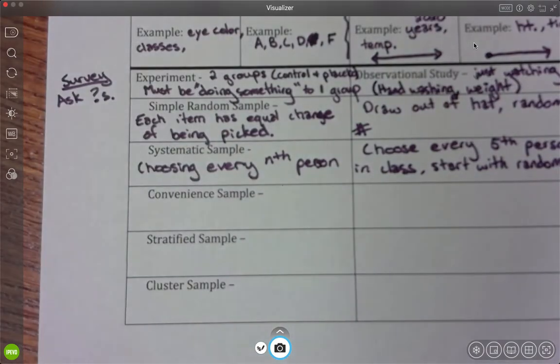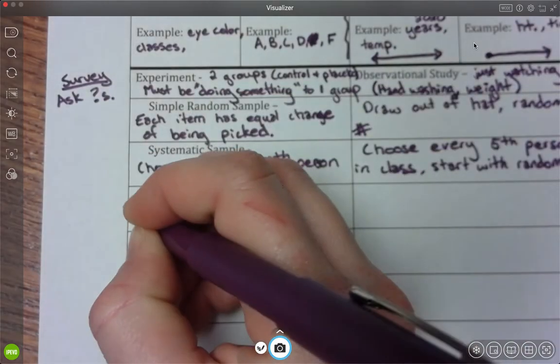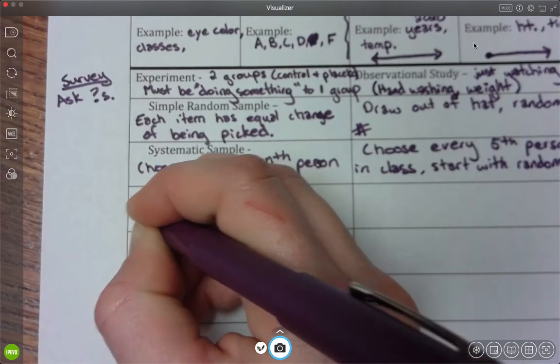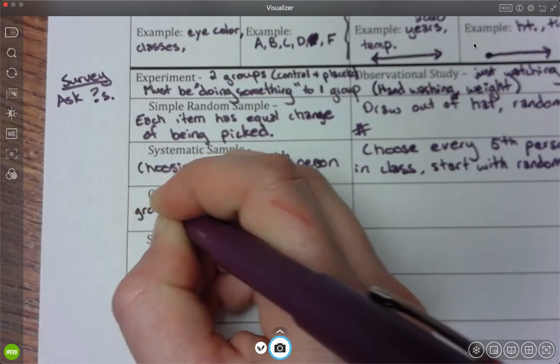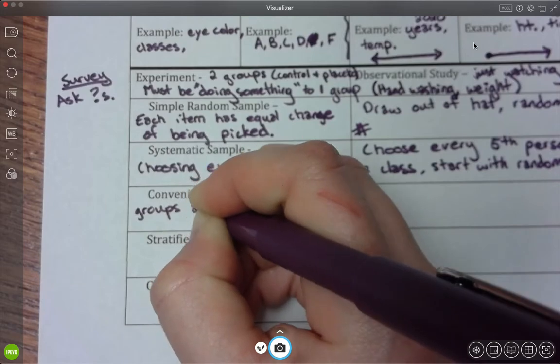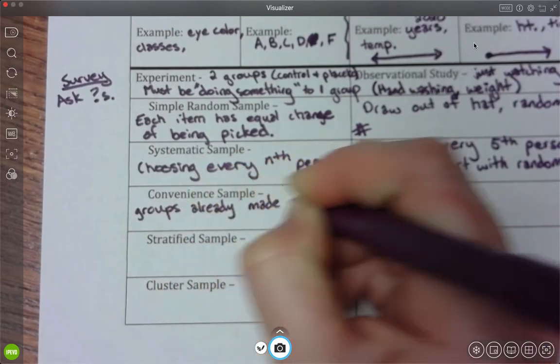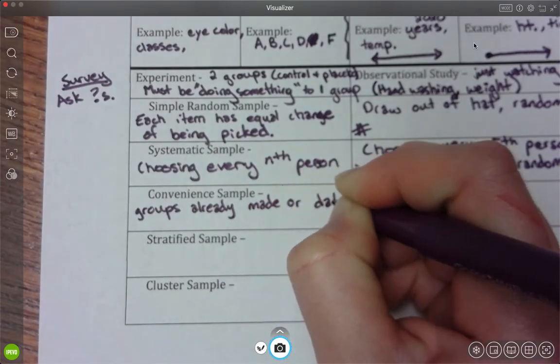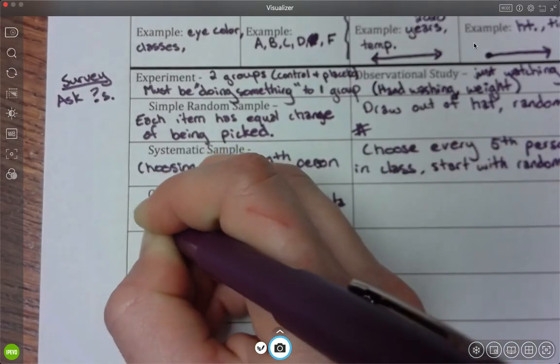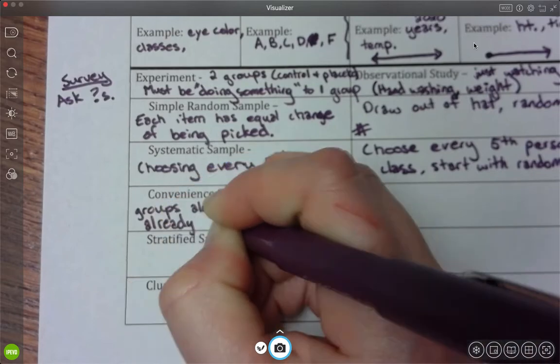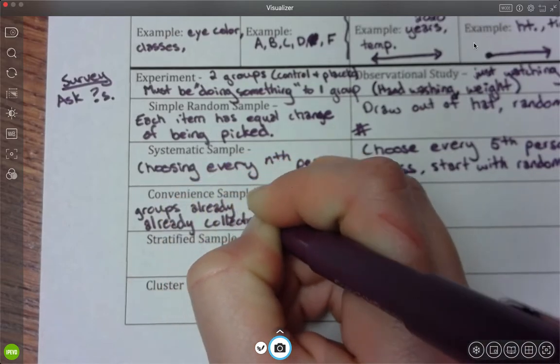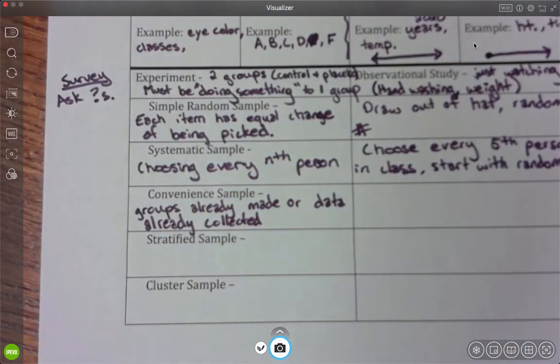Okay, convenience sample. I'm going to say groups already made or data already collected. It is not very much work for me to do a convenience sample.